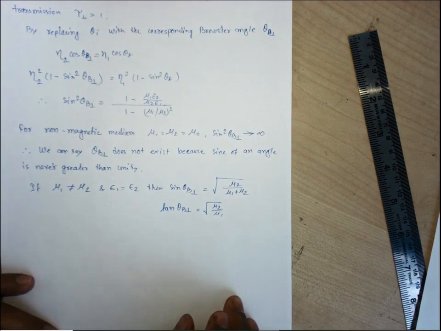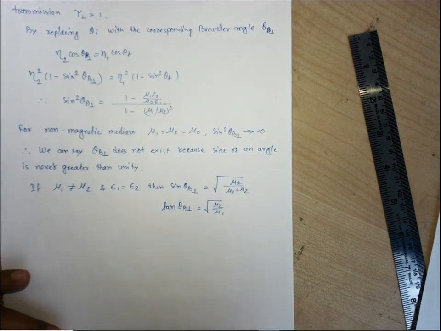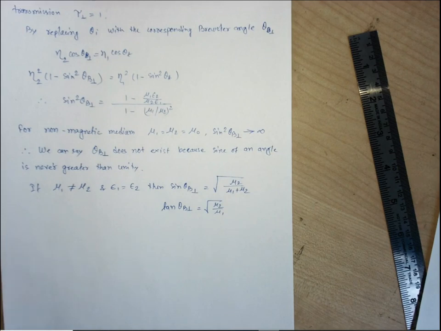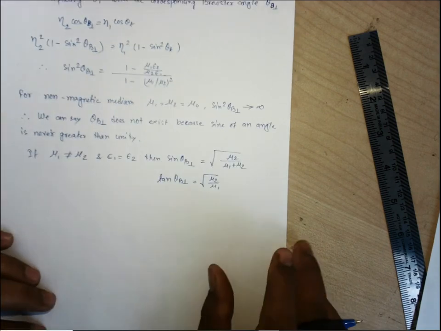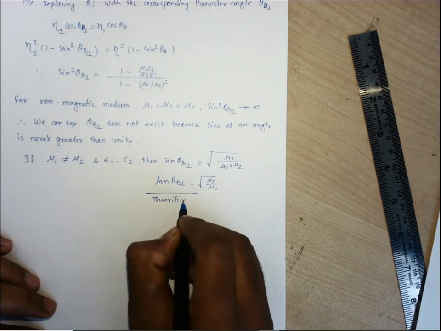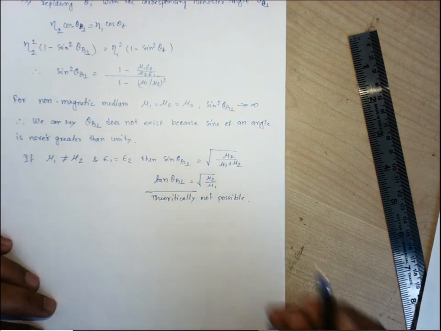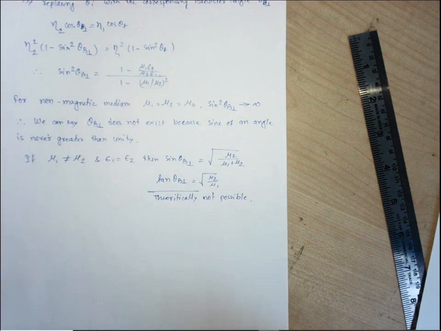But this situation is not possible because two different media cannot have the same permittivity, right? Then how is it possible to have an interface between two different media? So theoretically it is not possible, right?